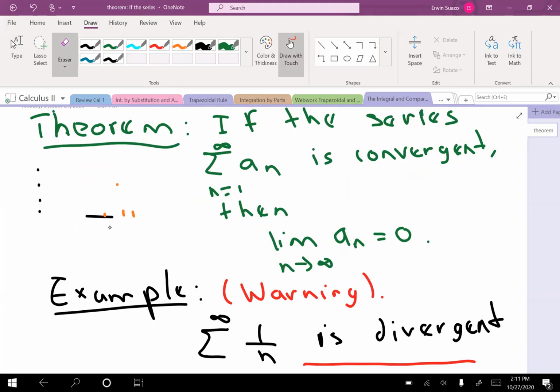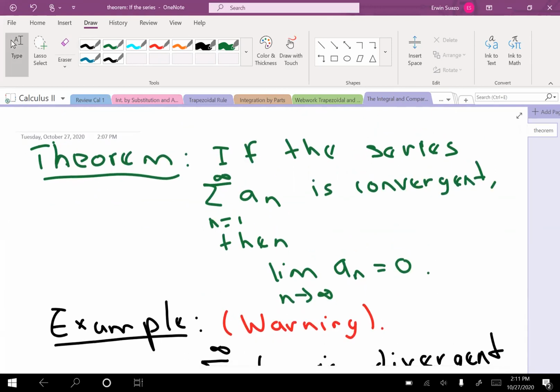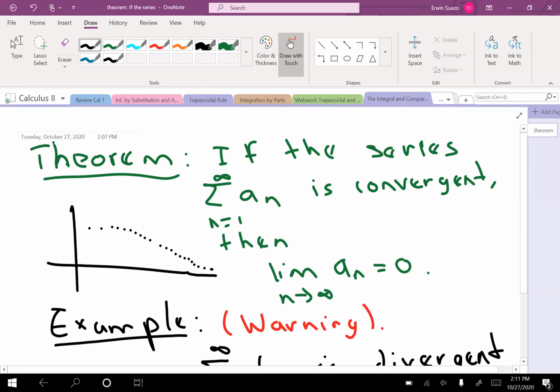The a_n has to go to 0. So these are the a_n's.